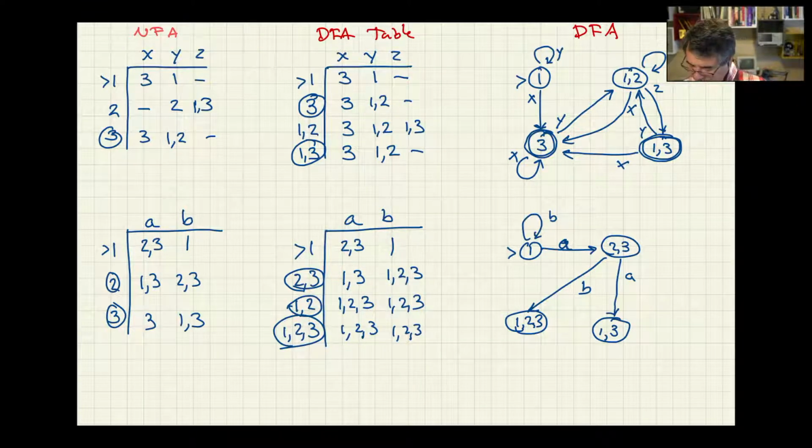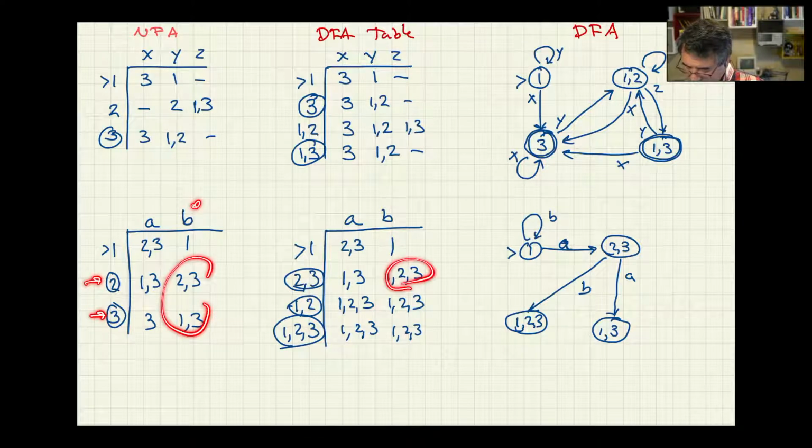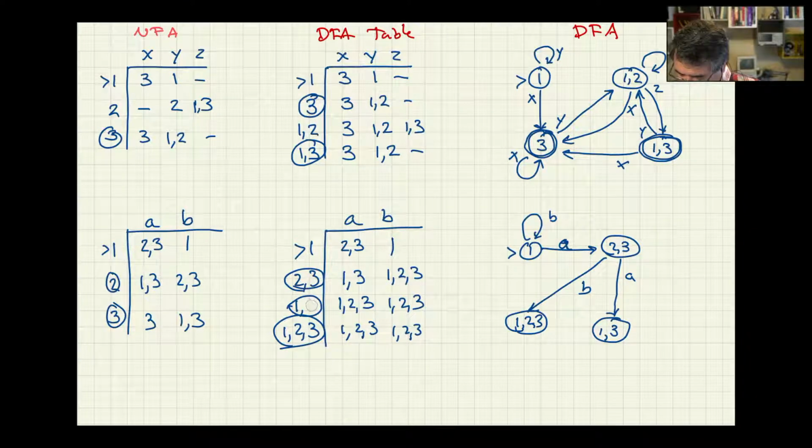So what happened here? Let's just go back and double check here. So 2, 3 on an A, so this one and this one on an A goes to 1 and 3. That's good. And then 2, 3 on a B goes to 1, 2, 3. So that's good. I should have written 1, 3 here, and I wrote 1, 2. I hope that doesn't change things too much.